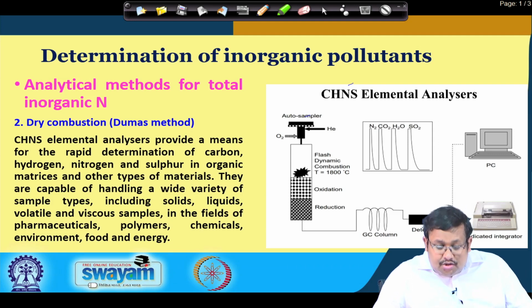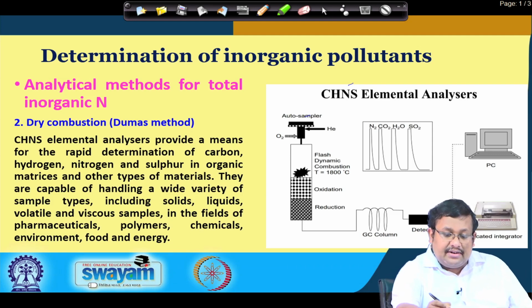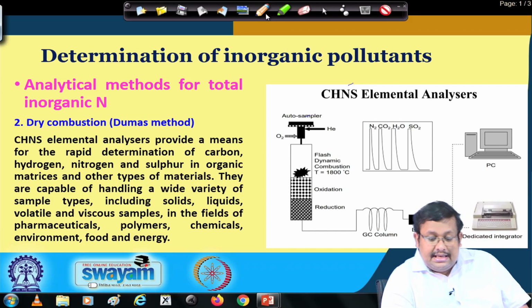So, these instruments basically have several parts. As you can see here, it has an auto sampler, then a sample inlet system, where they introduce helium and oxygen gas, and there is a combustion chamber where flash dynamic combustion occurs at a temperature of 1800 degree centigrade, where they oxidize.